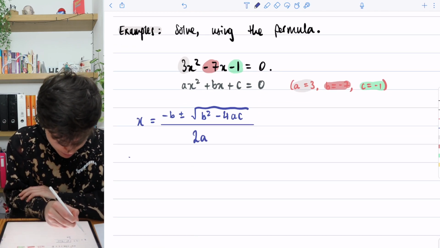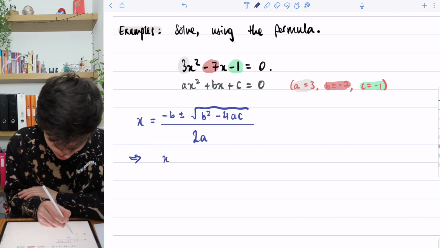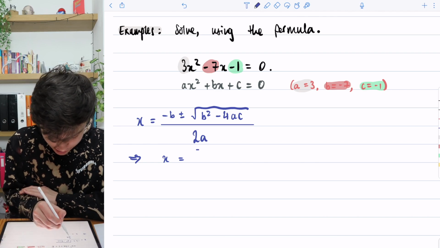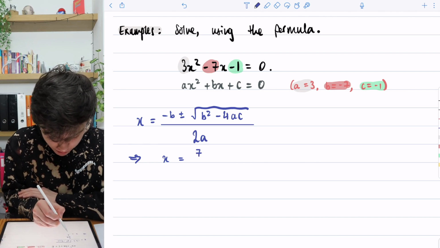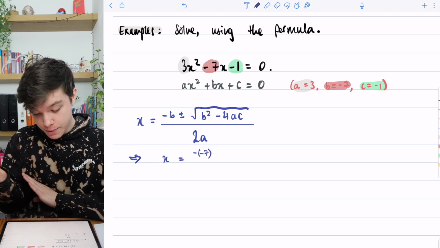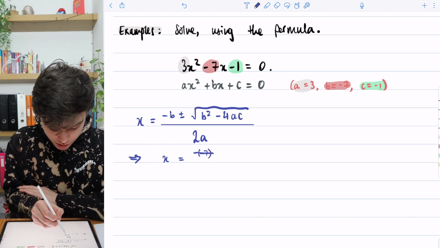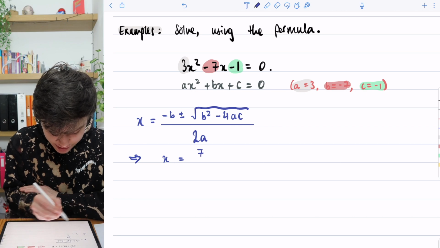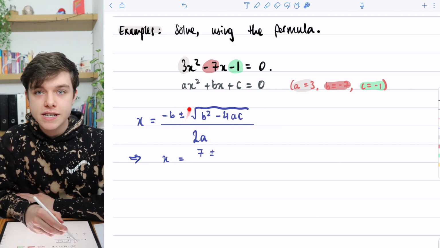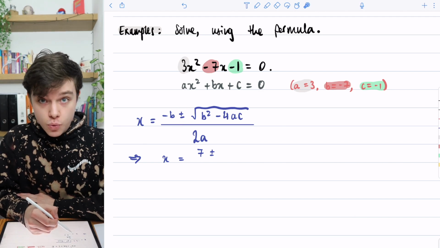So what I'm going to get is x equals negative b, so that's going to give me plus 7, because what we really have is minus b, which is minus 7, so we'll write that straight away as 7, plus or minus. The reason we've got plus or minus is because we're going to have two roots.